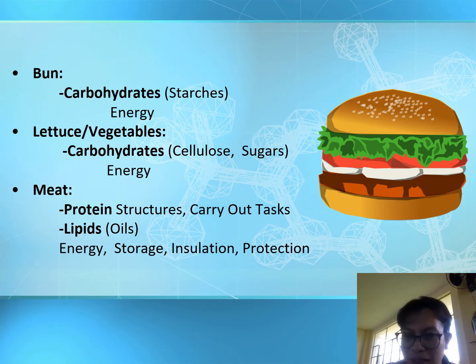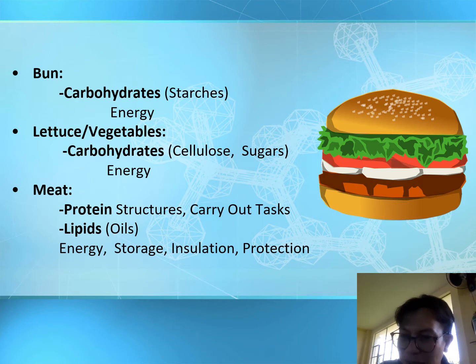This burger contains different macromolecules, such as carbohydrates, proteins, and lipids. For example, when you eat the bun of that burger, it contains carbohydrates in the form of starches, and they are a very good source of energy, right? Another one you can find in a burger are the lettuce or any vegetables, and they contain cellulose or sugars, which is also a good source of energy.